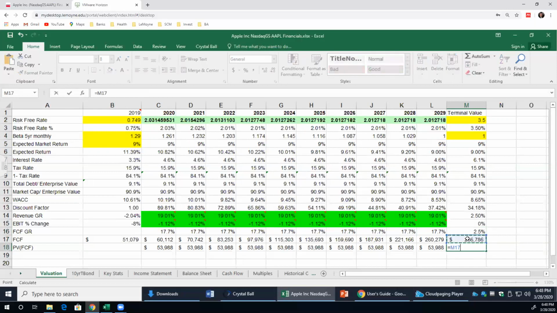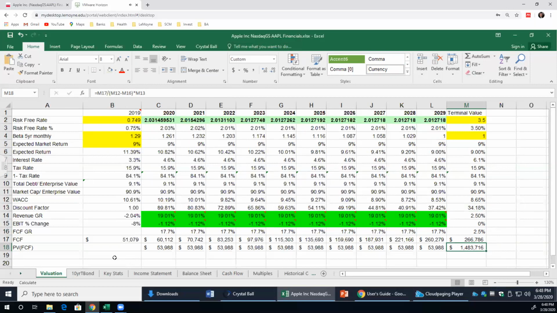You will divide this value by your WACC right here minus your free cash flow growth rate, times the discount factor for year 11, which is right here. So the terminal value you can see here for this company, Apple, is $1.4 trillion on average.